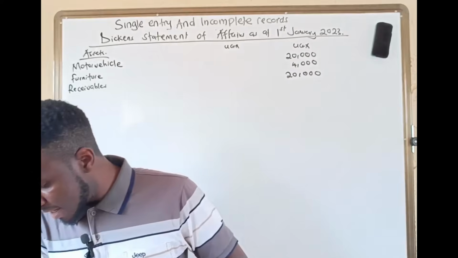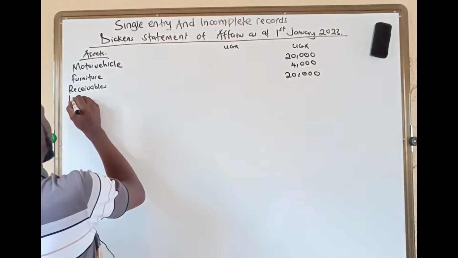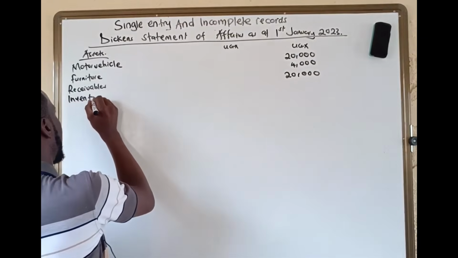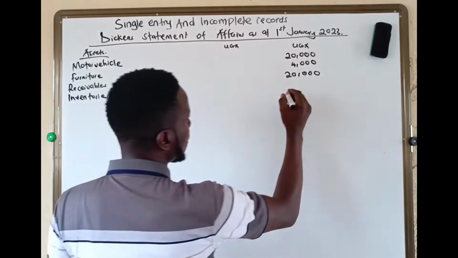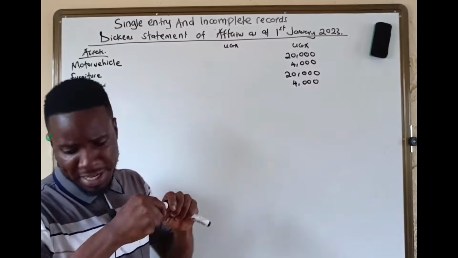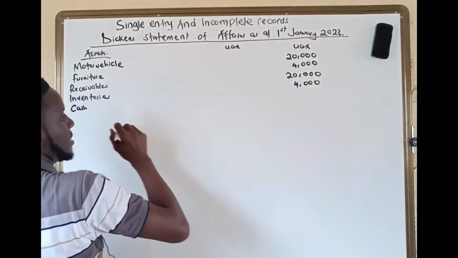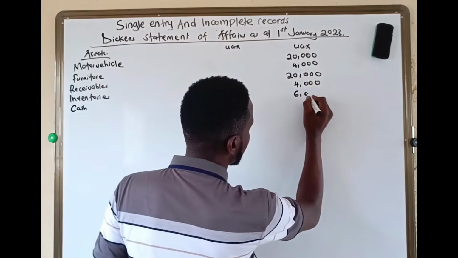Inventory at 1st January was 4,000. So we come here and say inventories, 4,000. Next we have cash, and cash was 6,000 on 1st January. So we have cash, worth 6,000.